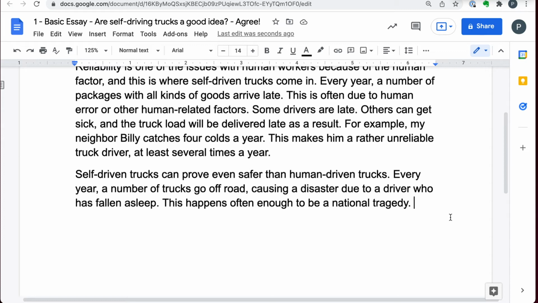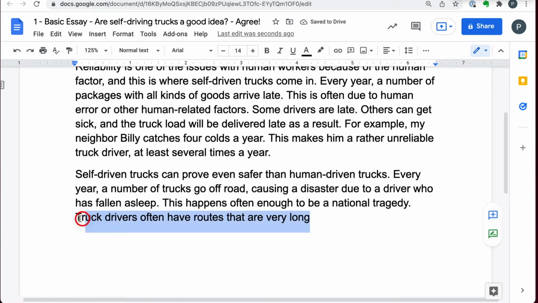Truck drivers often have routes that are very long. You know what? Even better sentence.